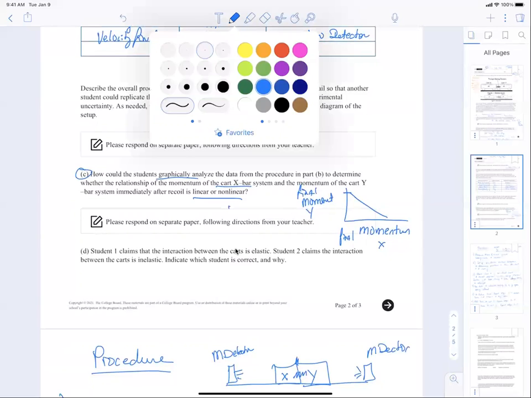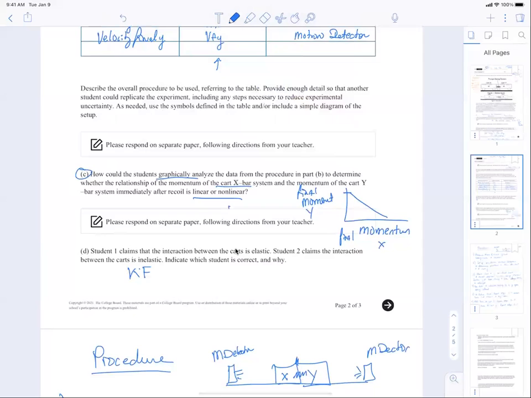Student 2 is correct because the initial kinetic energy of the system was 0, and the final kinetic energy of the system is not 0. So kinetic energy initial of the system is equal to 0. Kinetic energy final of the system does not equal 0. Okay, so this is not elastic.